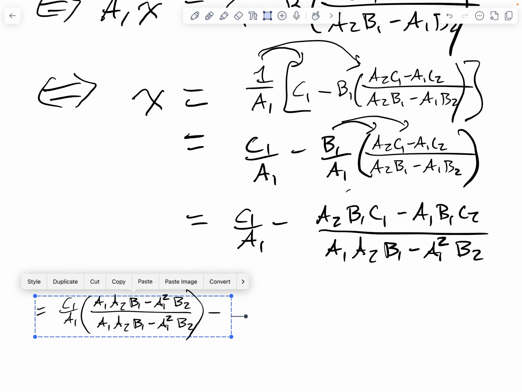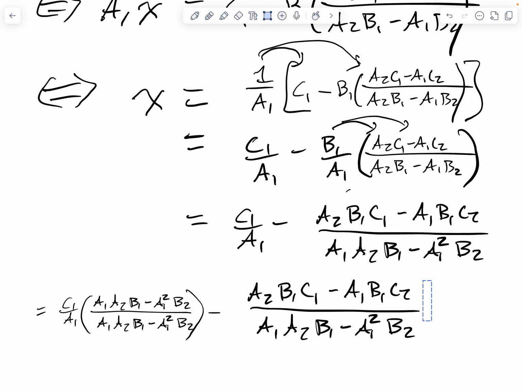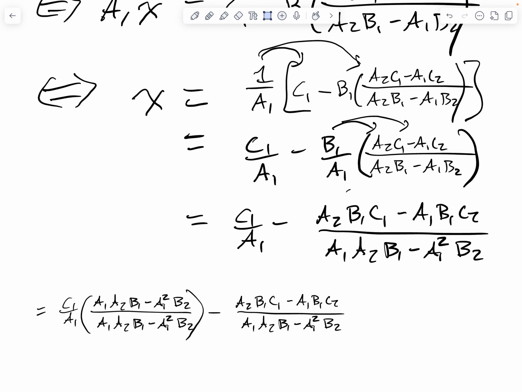Okay. And this guy is still equal to itself. But it doesn't have that. So we could do that. We could multiply it by A1 over A1.